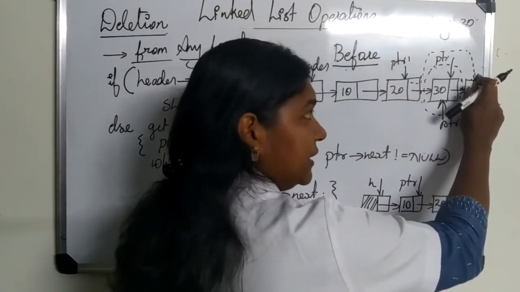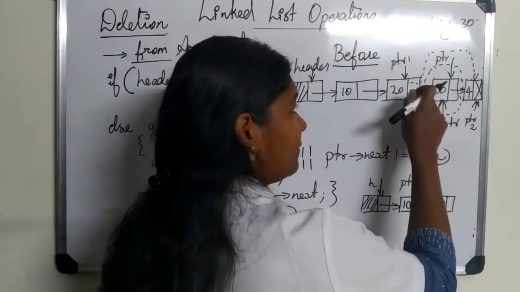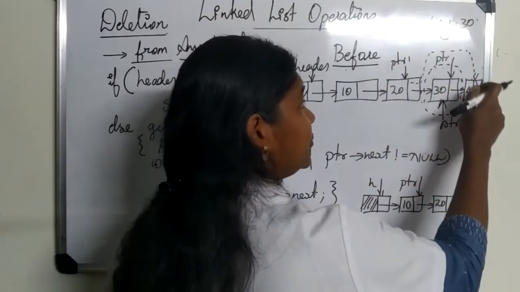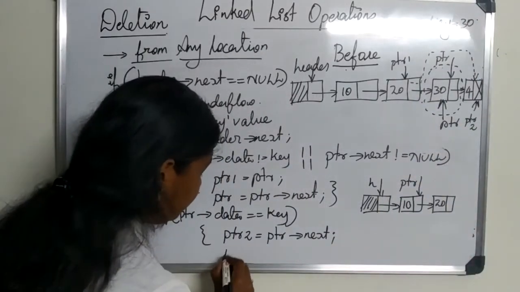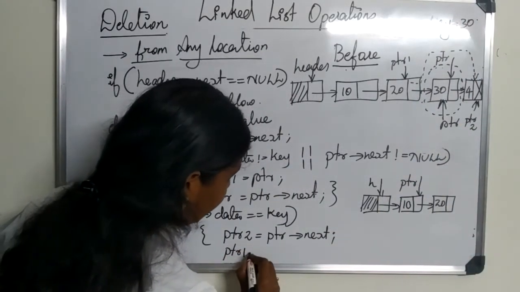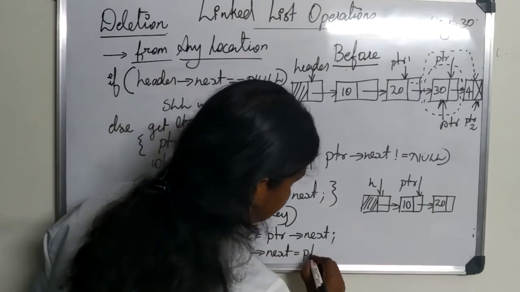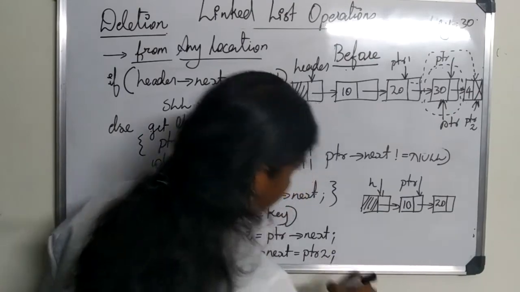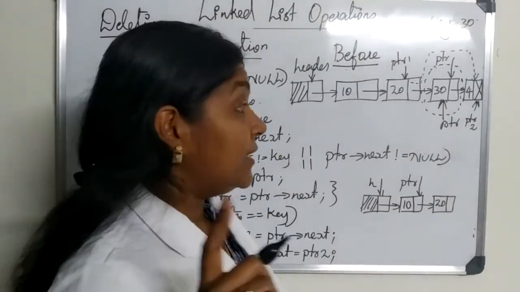What we need to do? We need to make the pointer part of ptr1, that is ptr1 dot next is equal to which node? ptr2. So ptr1 dot next is equal to ptr2. Then what is the remaining part? We need to free up the ptr.